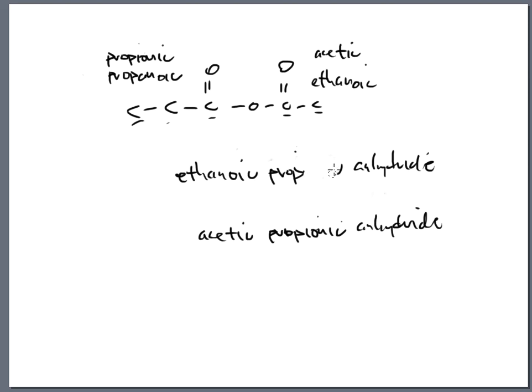This is not propionic for IUPAC. This is propanoic for the IUPAC. So ethanoic, propanoic anhydride, and then the common name is acetic propionic anhydride. Okay? All right. That's it, folks. That's all there is to it.